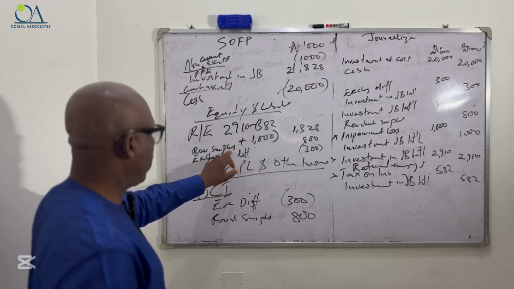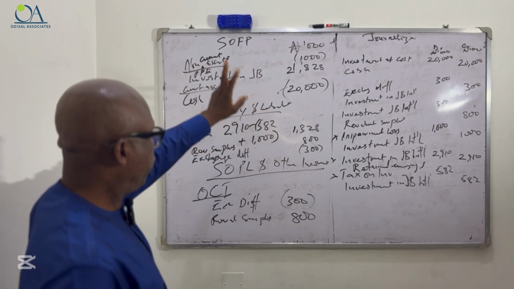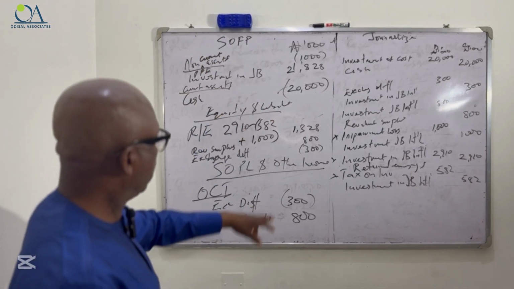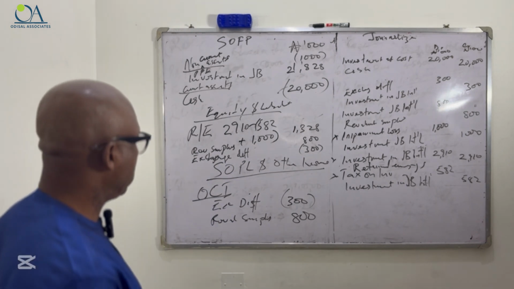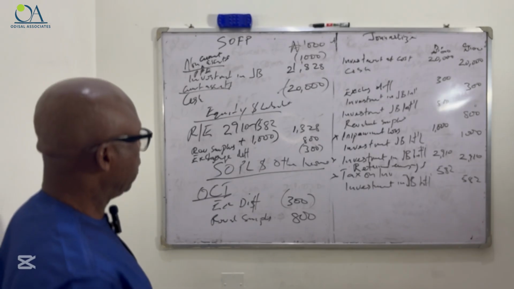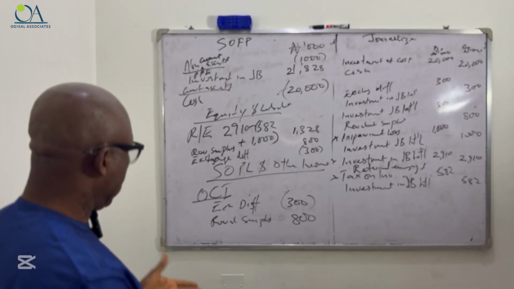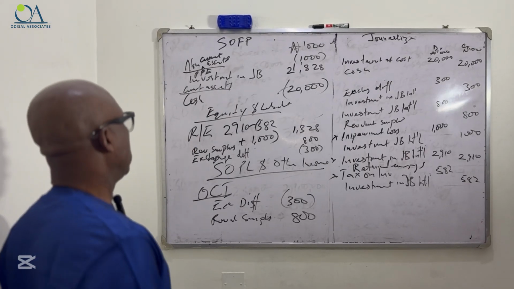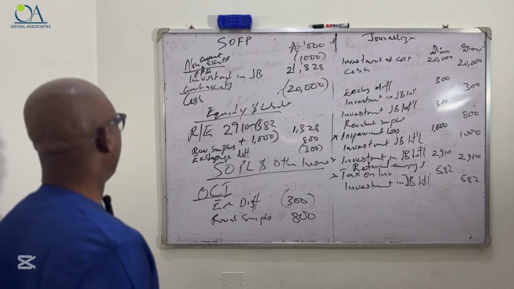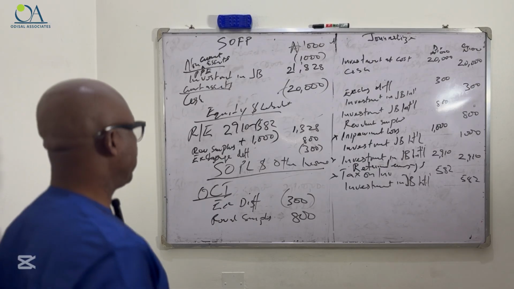And then surplus on revaluation. That 400,000 into 2 will give you 800,000. And then exchange difference. That share of them is 300,000 negative. So that will be on equity and liabilities and non-current assets and current assets in the statement of financial position.